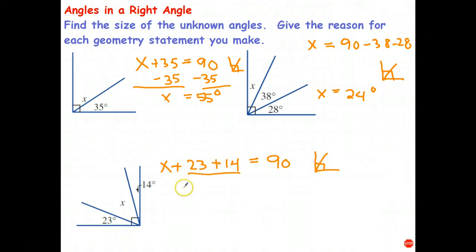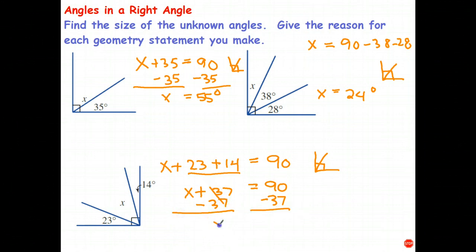Add like terms, in this case just add the numbers, and that gives me 37. x plus 37 equals 90. Take away 37 from both sides of the equation, and x equals 53 degrees. And that's the first of the geometry facts: angles in a right angle add to 90 degrees.